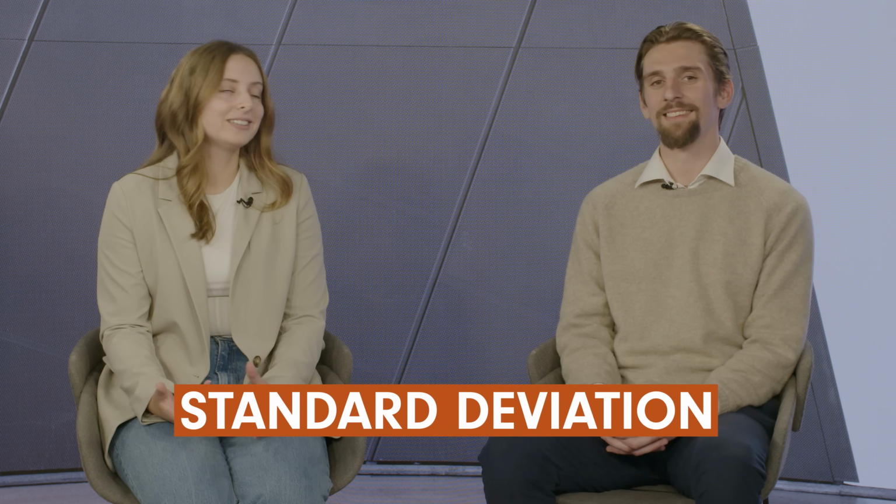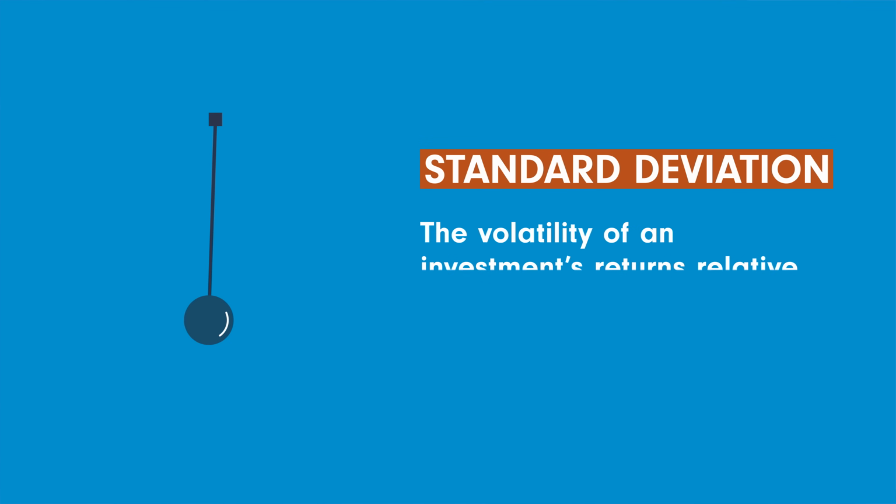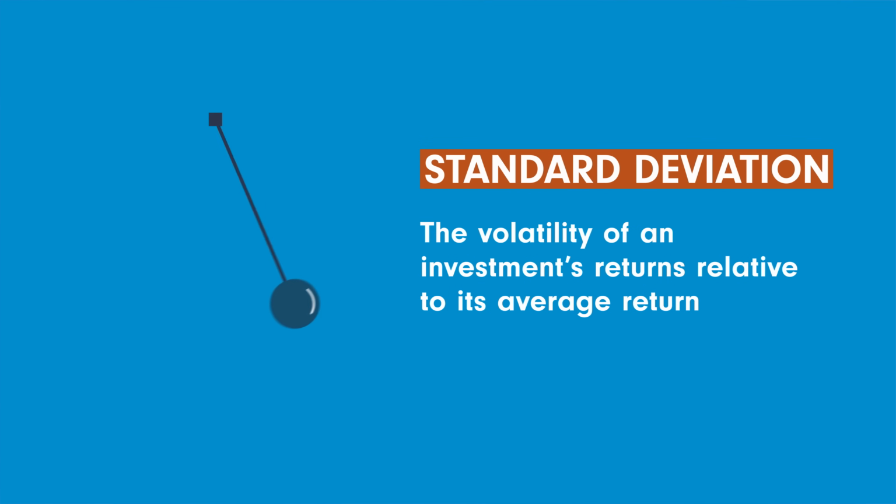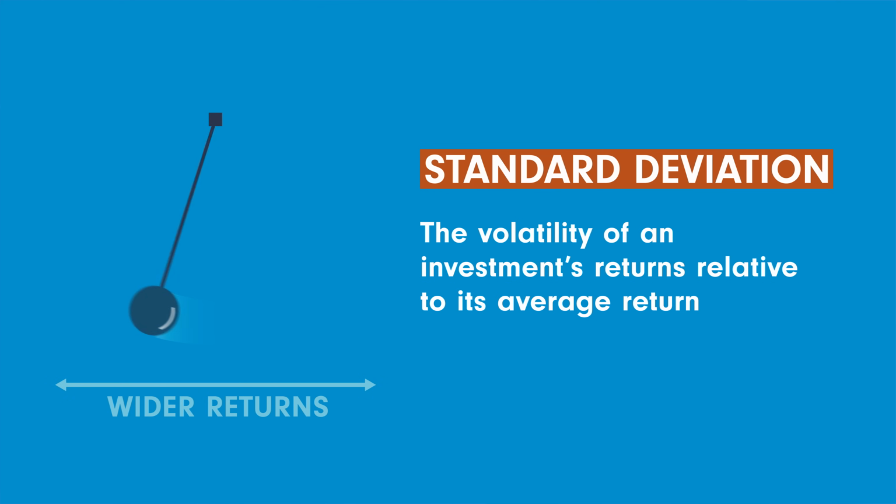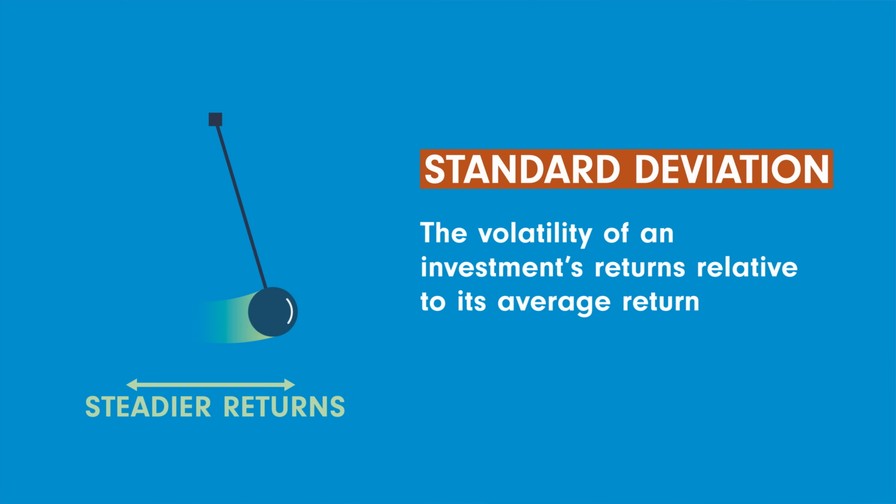To measure volatility, one metric we would usually use is called standard deviation. Now, standard deviation is the variance of an investment's returns relative to its average return. The larger the standard deviation, the wider the returns, and the smaller the standard deviation, the steadier the returns. Cam, is there a way to measure this volatility in connection to the benchmarks we talked about earlier?